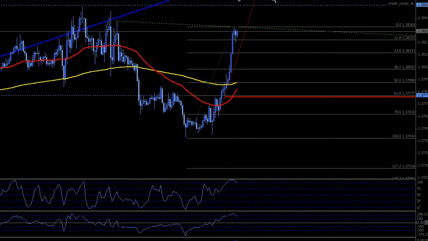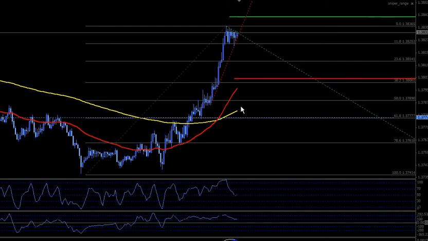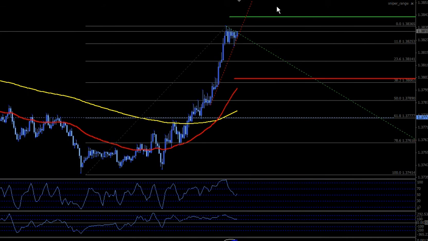And switching down to the 5-minute chart, you'll see that your entries could be different according to the 5-minute chart, with the 50 EMA up here higher and the 200 EMA below it. So what we're looking for is just a pullback, a retracement for a possible entry long, again, if you're not already in the trade.